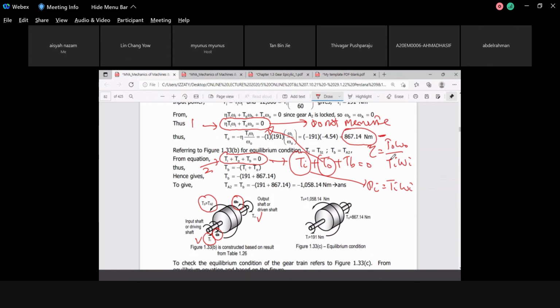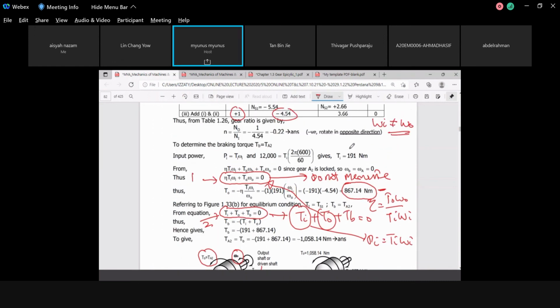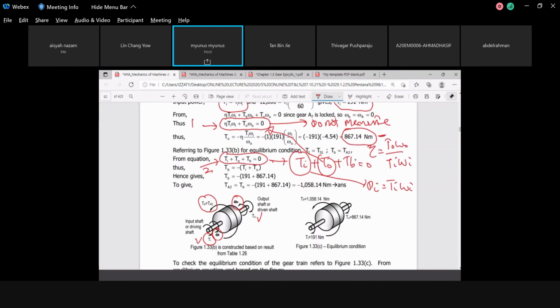Okay, then you put it there. They provide you the one calculated from this equation. So this one positive, To also positive. Then your Tb, look, is negative, right? Because opposite.